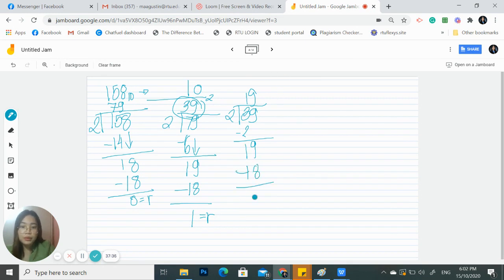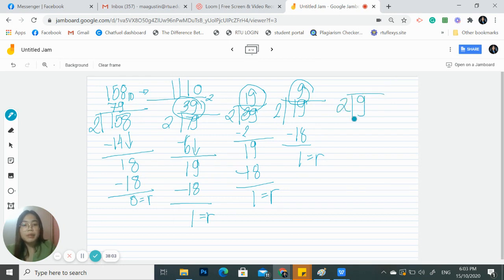Okay, so we have 1 here. Okay, susulat natin. Still have 19. So 19 divided by 2, that will be 9. 9 times 2, that will be 18. 19 minus 18 is equals to 1. Okay, so still have 9.